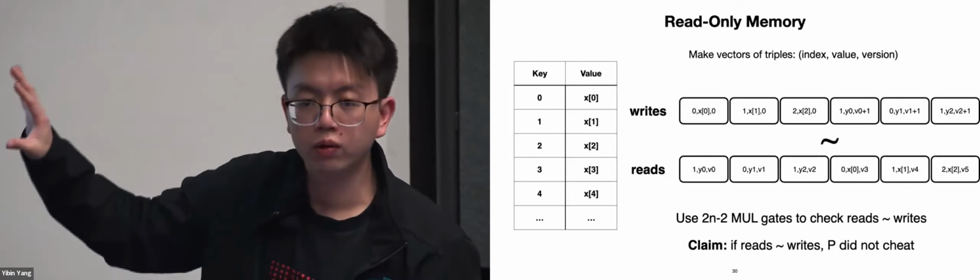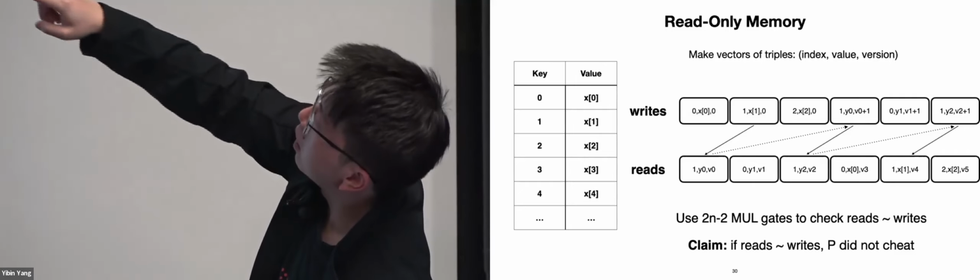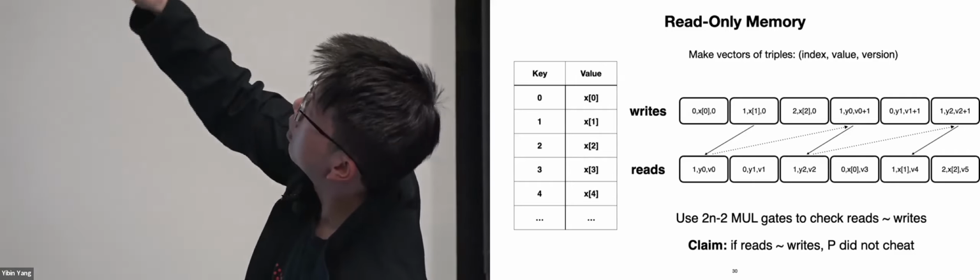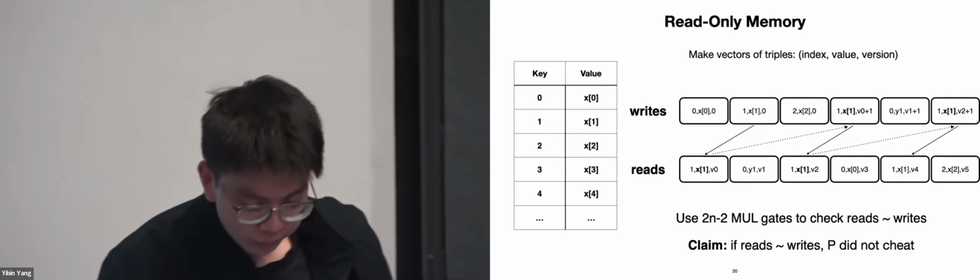The second time you read index 1, you read the entry with version 1, and you create a new entry with version 2. Finally, you cancel this version 2 out. If these two sets commute to each other, it implies that the index 1 entries also commute to each other. It means that all of these y0, y1, and y2 should be equal to x1. So you achieve the semantics of a read-only memory.